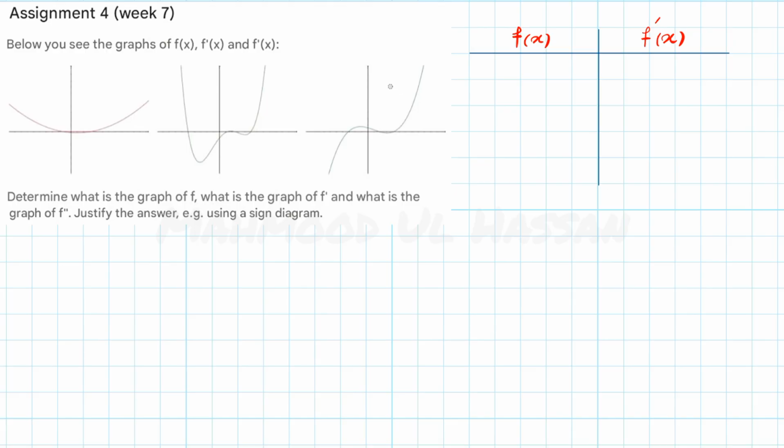And when the function f of x has positive slope on some interval, let's say a comma b, the derivative of the function has positive y values on the same interval a comma b.